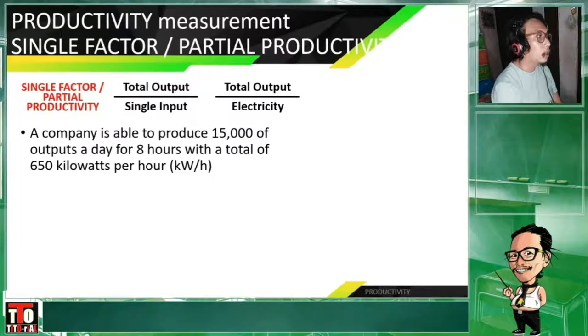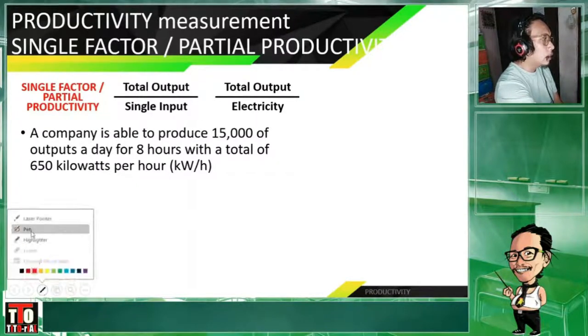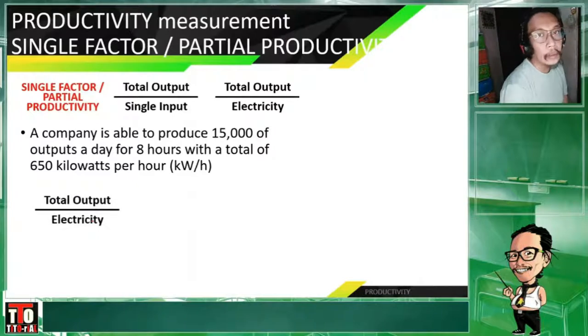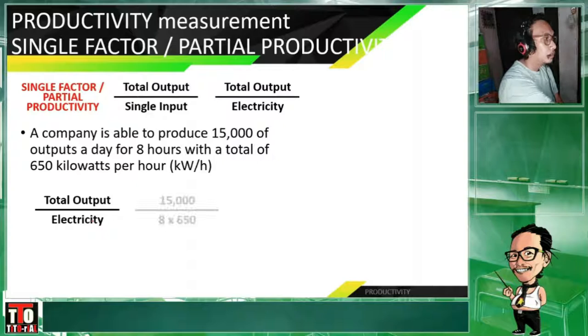Okay, remember, na ang aim natin is makuha yung productivity ng ating electricity. Now, tingnan natin. So, yung total output over our electricity. So, you have 15,000.